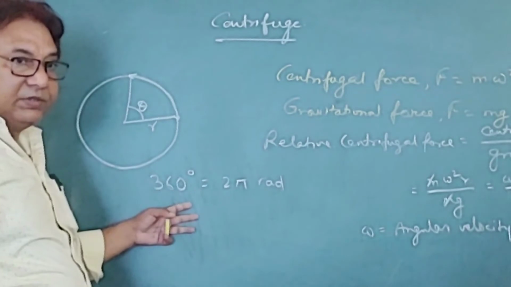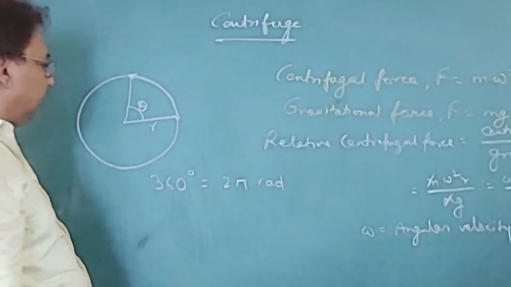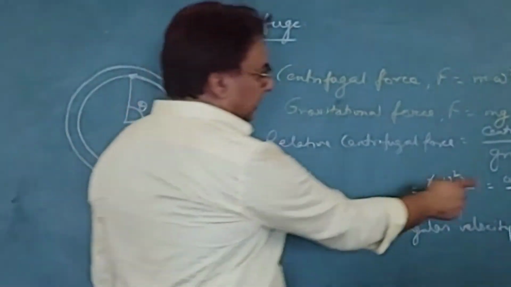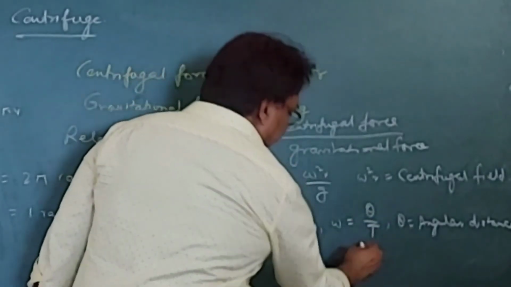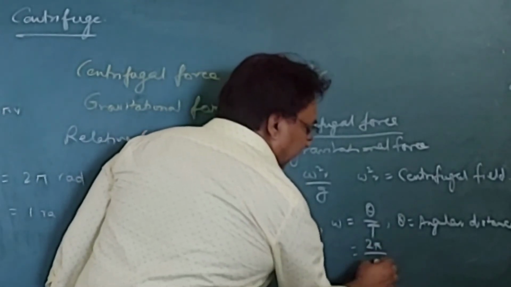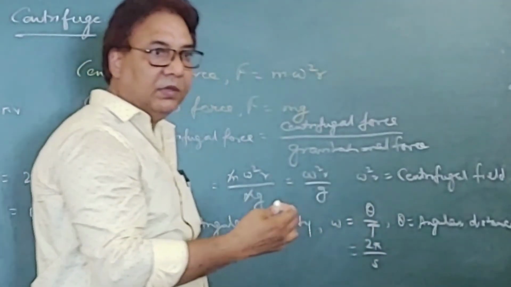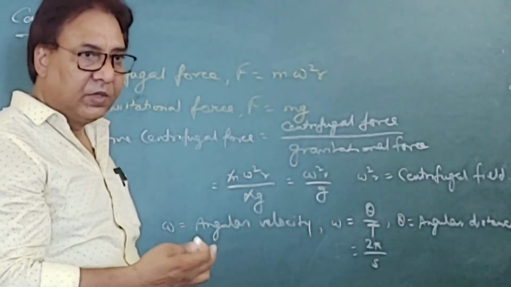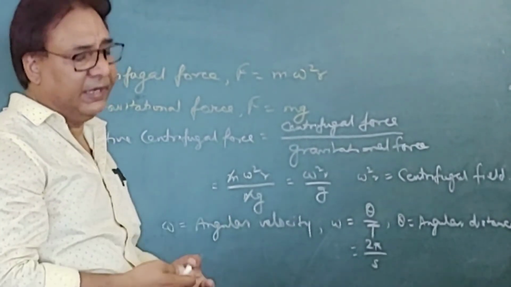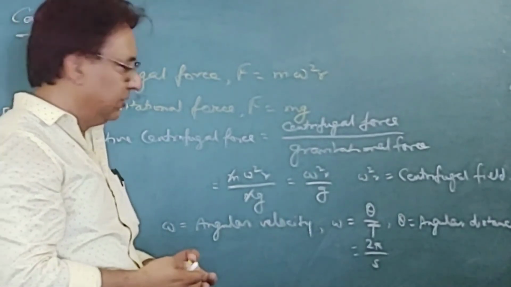So this is the value of theta. Here you can write 2 pi per second. That will be called the angular velocity, measured in terms of seconds as the time unit.